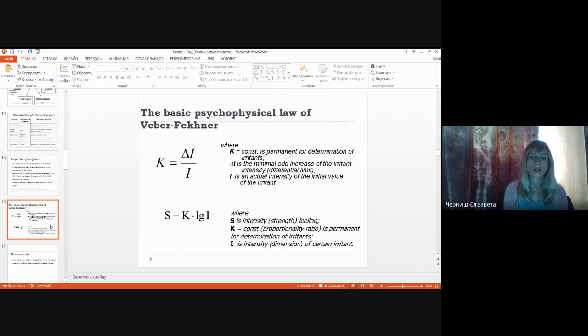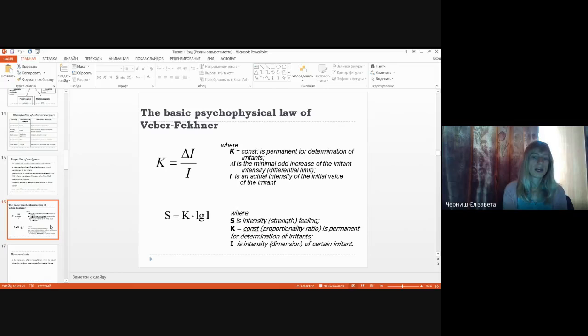So it's two types of parameters used for estimation, and the intensity or strength of feeling is connected with this constant. It's sometimes called the proportionality coefficient, and is permanent for determination of irritants and the intensity of a certain irritant.